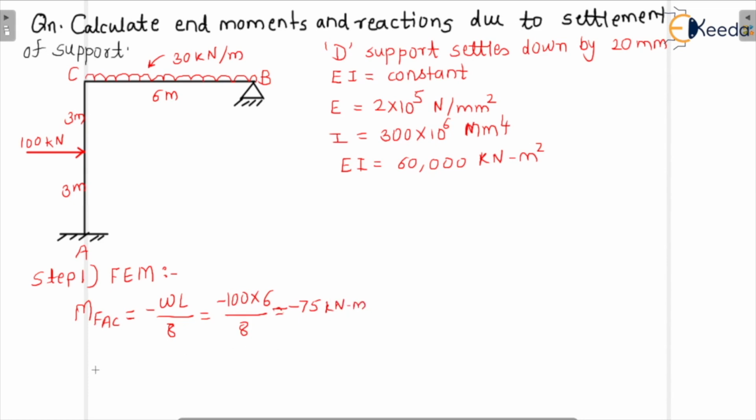When MF of AC is minus, MF of CA will be the opposite sign. It is again WL by 8, which is equal to 75 kilonewton meter. Then let us calculate MF of CD.